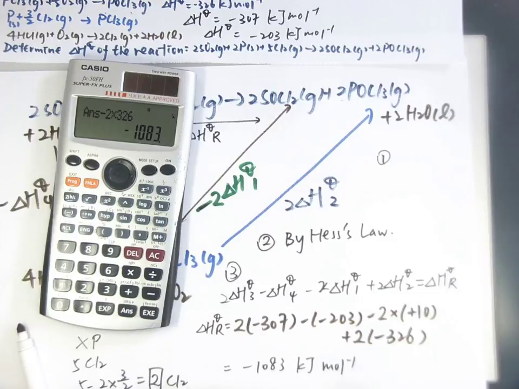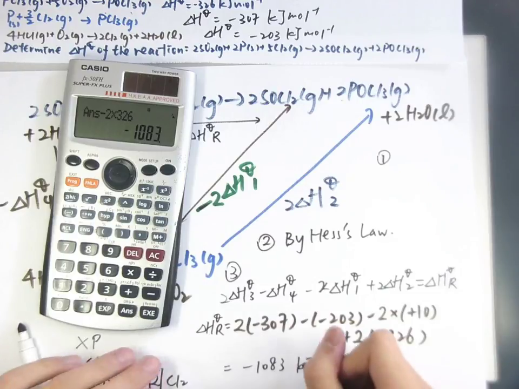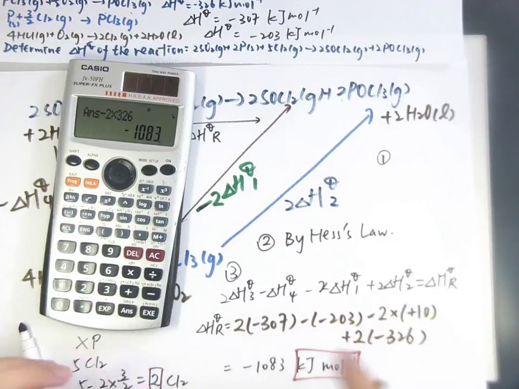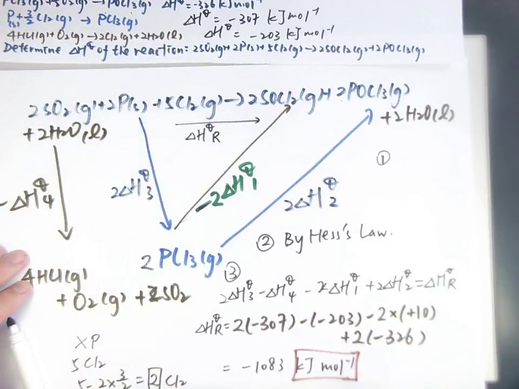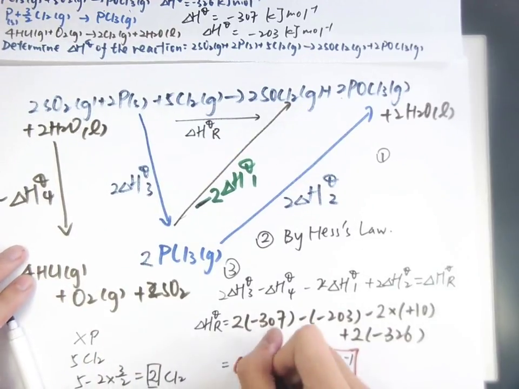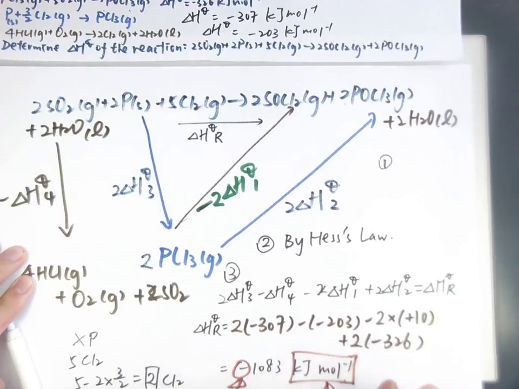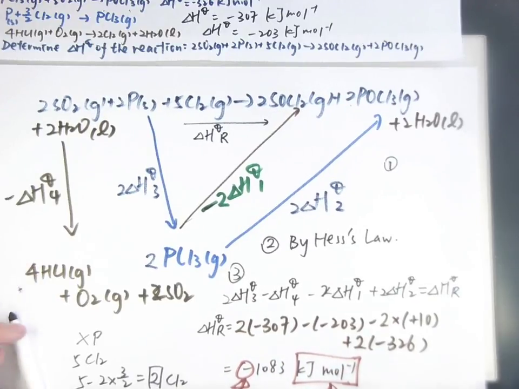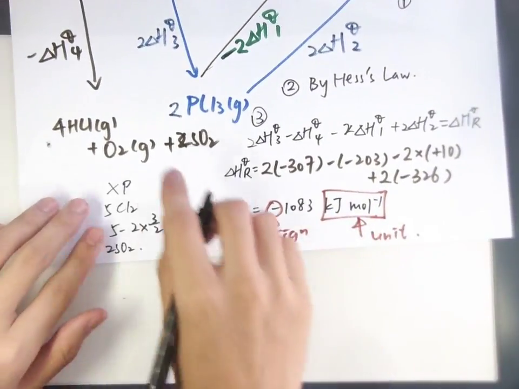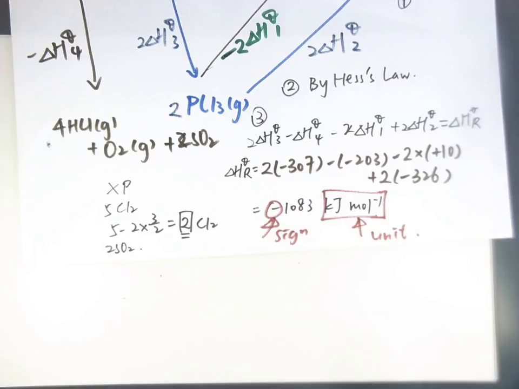It is a bit difficult and complicated because we are going to reverse the direction, okay? And you need to write down the sign and the unit. Okay, now I would like to tell you what this delta H means so that you can understand it more easily.